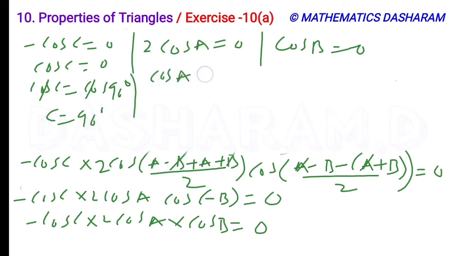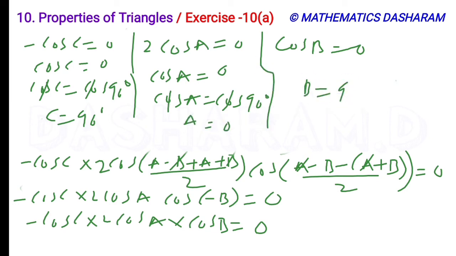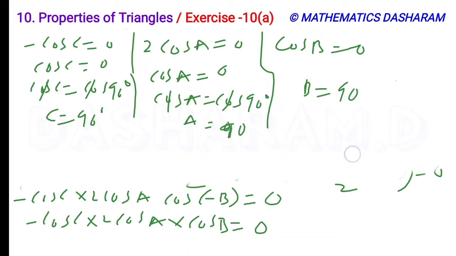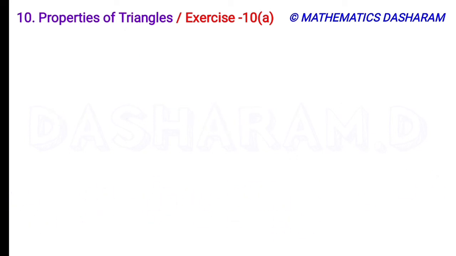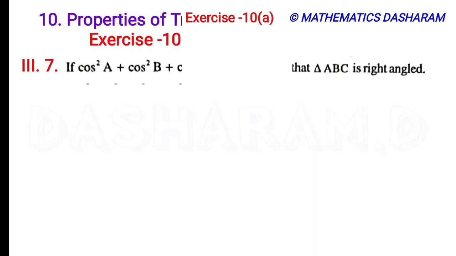From this cos A equals 0 by 2, which is 0. So cos A equals cos 90 degrees, A equals 90. Similarly B equals 90. So if any one of the angles becomes 90 degrees, then it is called a right angle triangle.